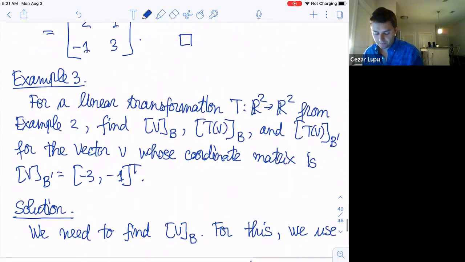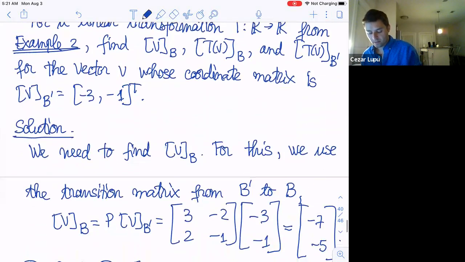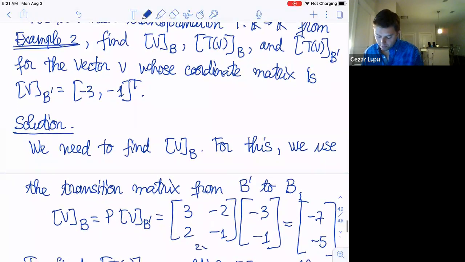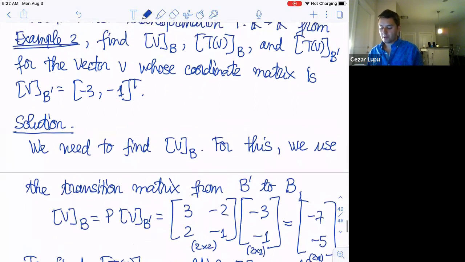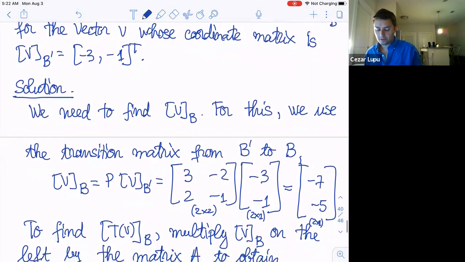Keep in mind that we are using the linear transformation from example 2. So we're going to do this computation. I'm multiplying a 2 by 2 matrix by a 2 by 1, so the result will be a 2 by 1. It's just a matter of computation to see that this will give us a 2 by 1 matrix, -7 and -5.